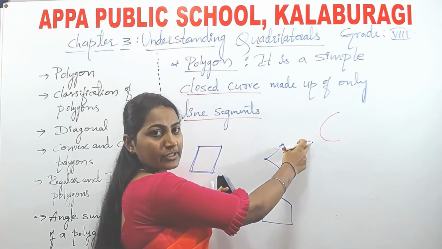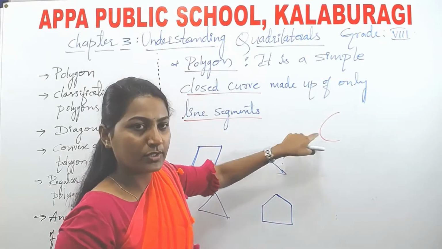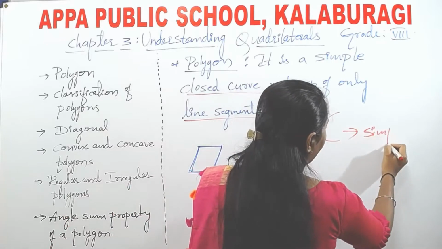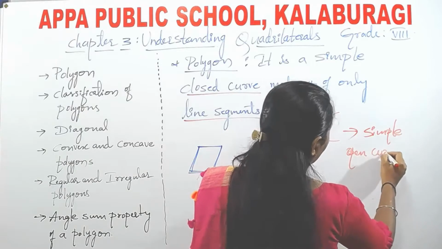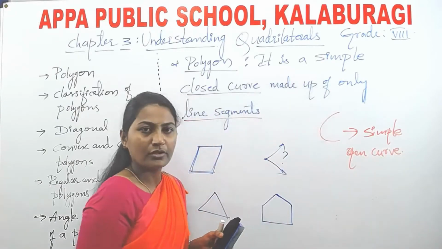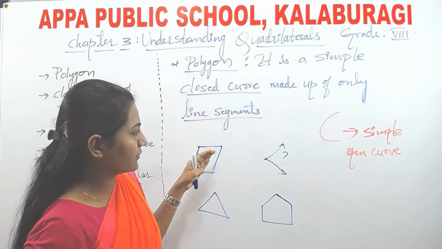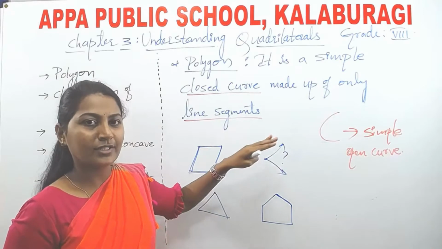What type of curve is it? This is a simple open curve. This is not closed. So therefore, this is a simple open curve.